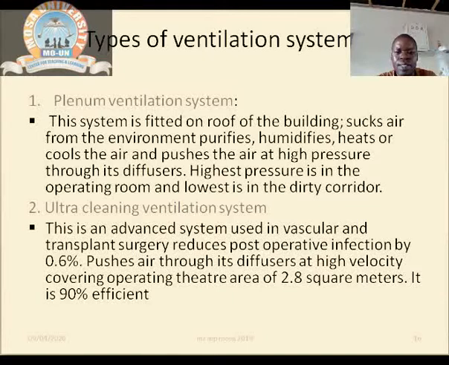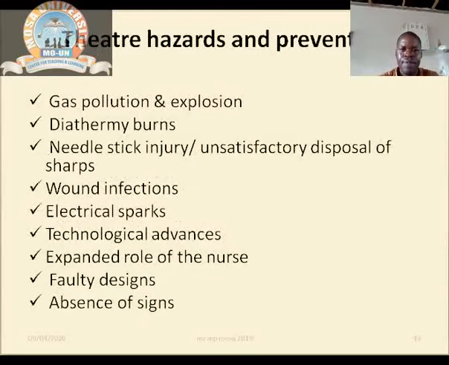So in transplant surgeries, we require special ventilation system which can also contribute in the reduction of postoperative infection by 0.6% in this case, like we are told. So this pushes air through its diffusers at high velocity, covering operating theater area of about 2.8 square meters. It is 90% efficient.